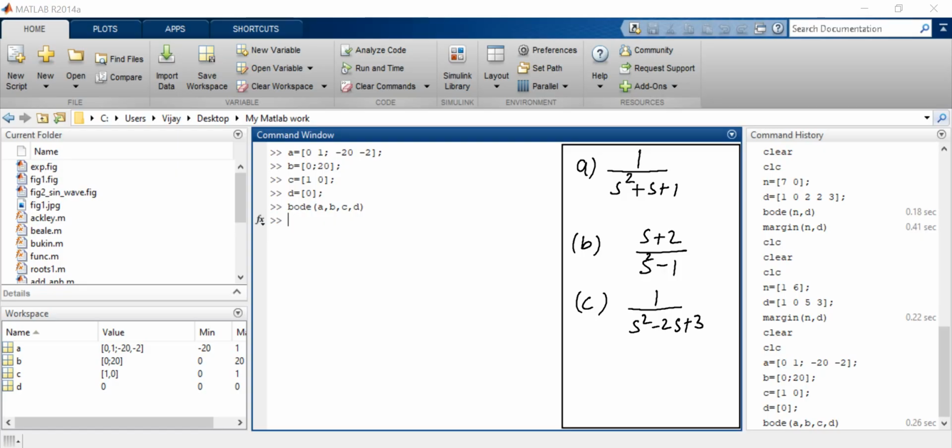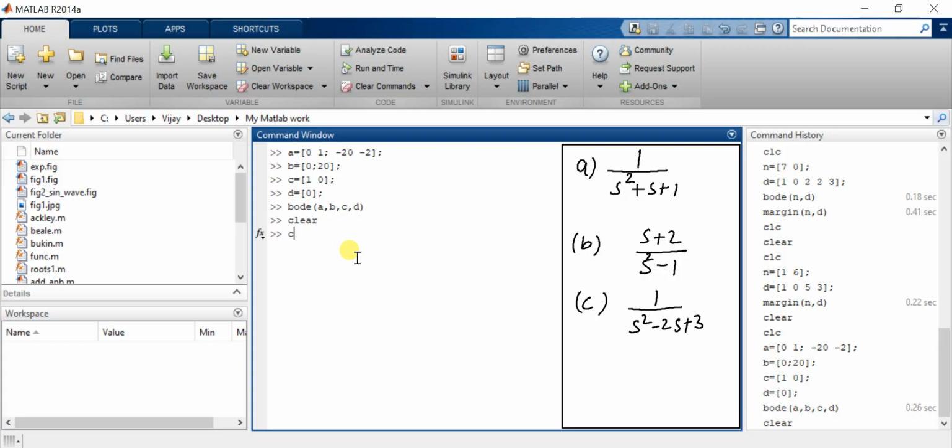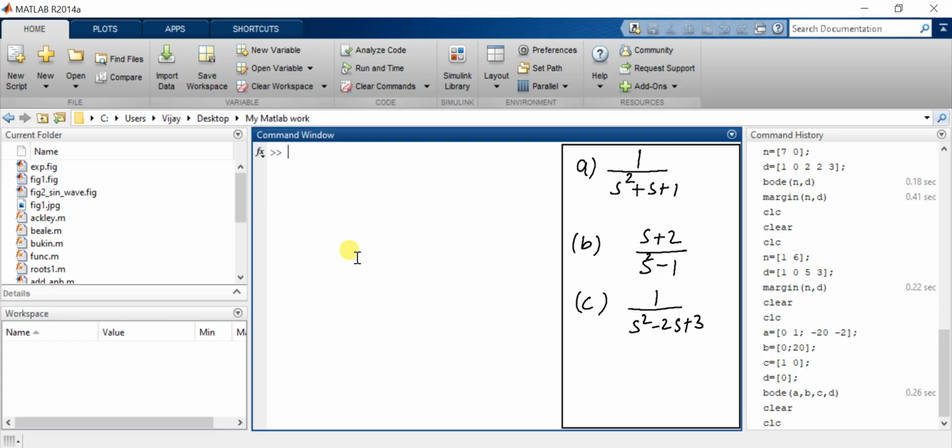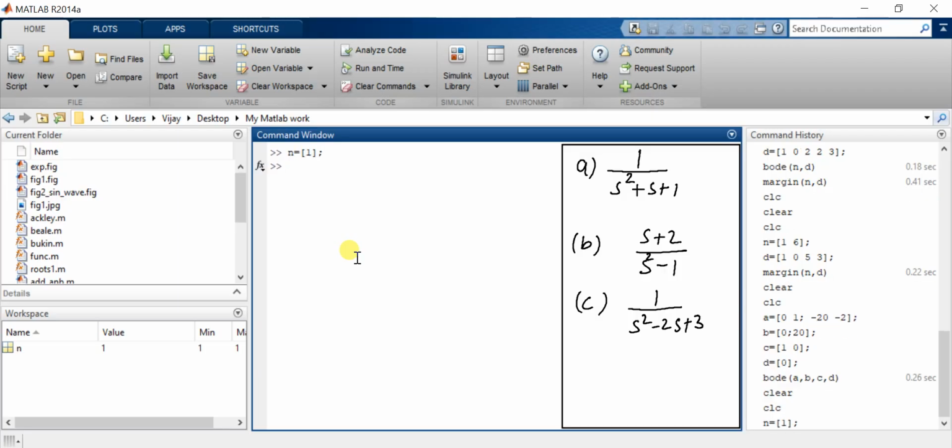First clear the screen as well as clear the workspace. So here define n equal to 1, d equal to 1, 1 and 1.